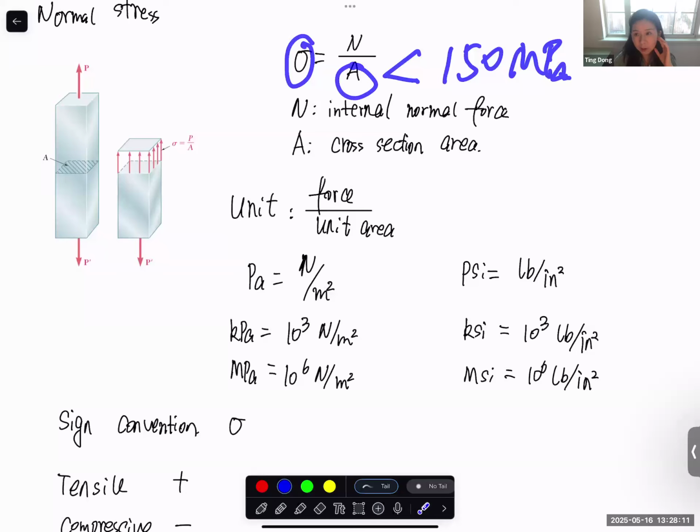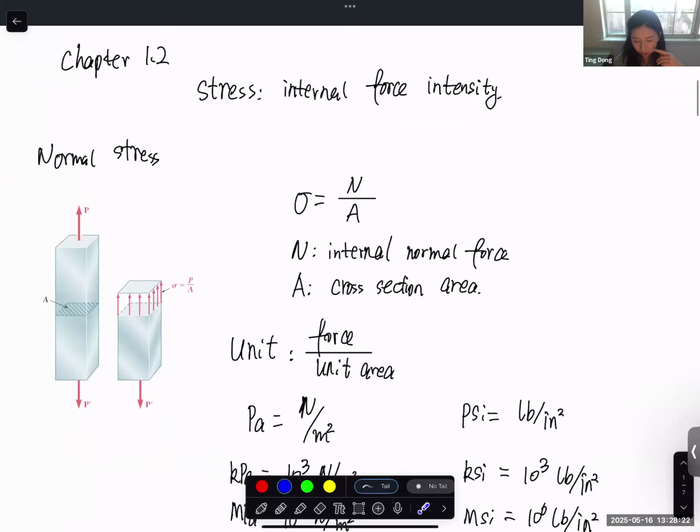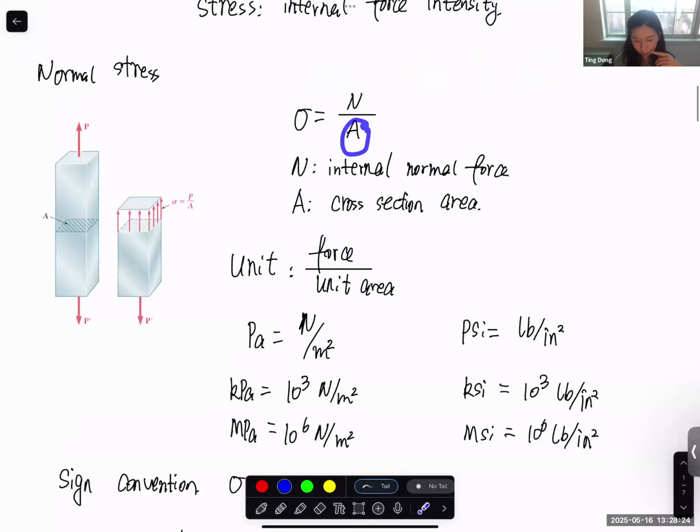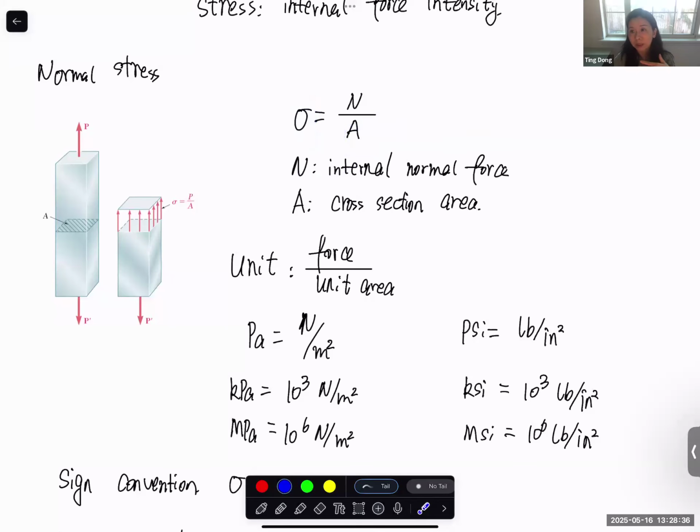Area can be written as a function of diameter, and then we need to figure out the internal force in the AB section and BC section. With the diameter, we have the area, then we can calculate the stress, and that should be lower than allowable stress. Then we can calculate the minimum D. From the big picture, makes sense or not?